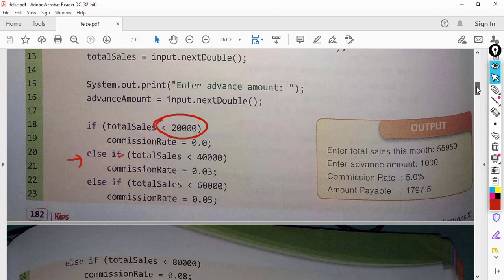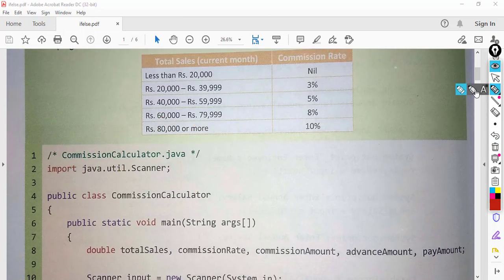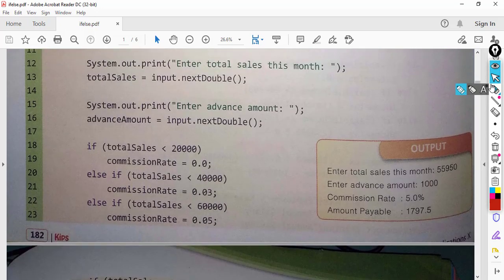So we don't need to check this first condition here. We just need to check whether it is less than 40,000. If it is less than 20,000, it will be captured by this if, and the commission rate will be decided.